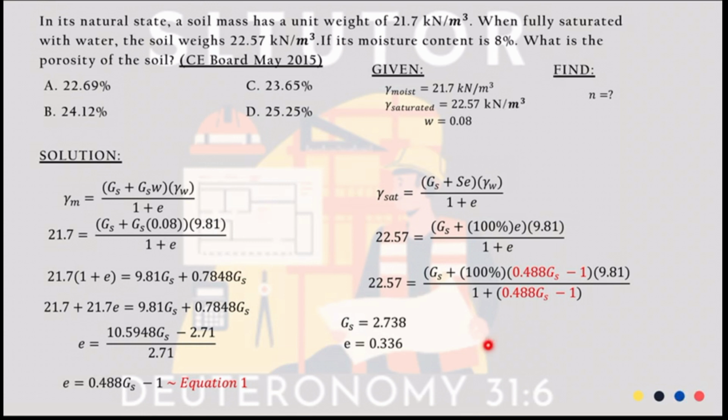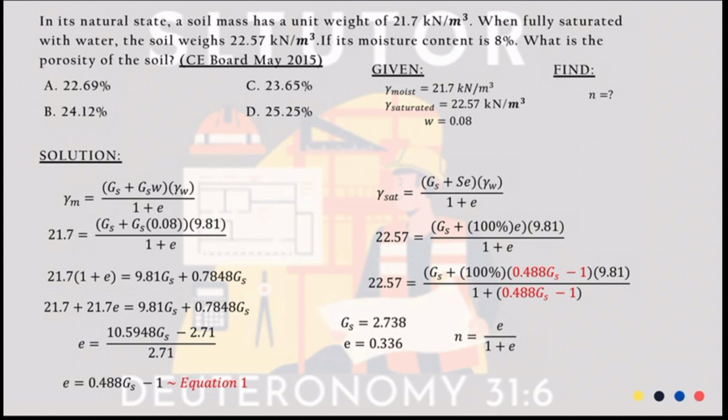Pero hindi po ito ang final answer. Ang tanong po sa question is, what is the porosity of the soil? Porosity is what we call N. So, ano po ang formula ng N? Ang formula ng N is E over 1 plus E. But we have already an E, 0.336.